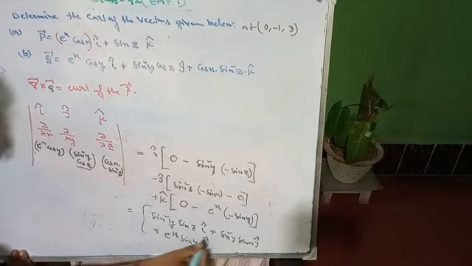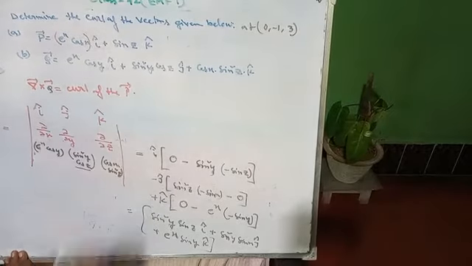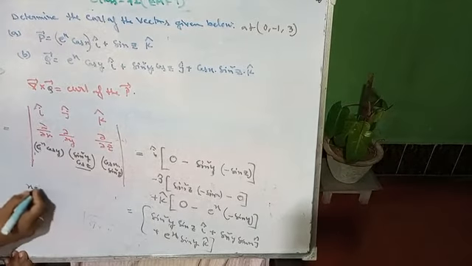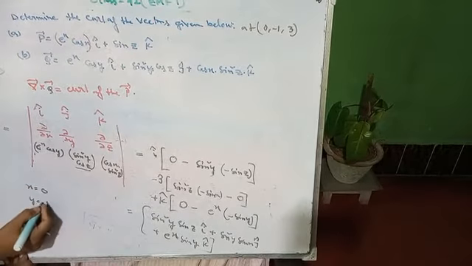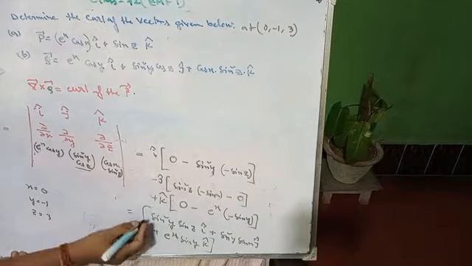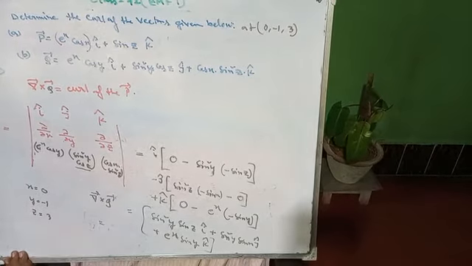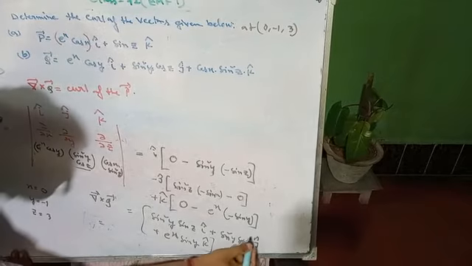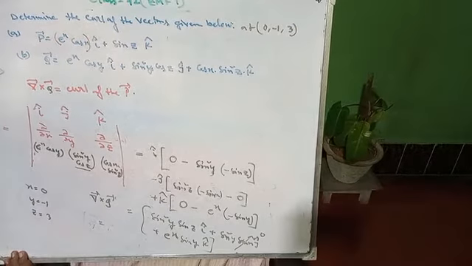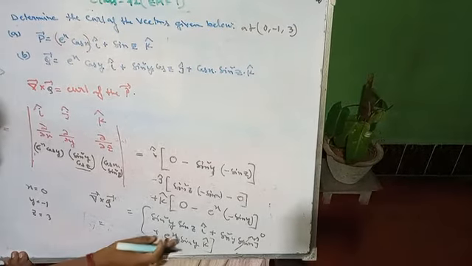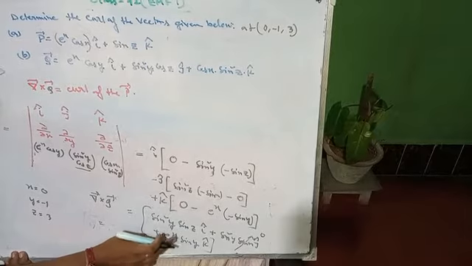Now put this value 0 comma minus 1 comma 3, that means x equals 0, y equals minus 1, and z equals 3, in this formula, curl of Q. If x equals 0, then this term will be 0, and e to the 0 means 1.